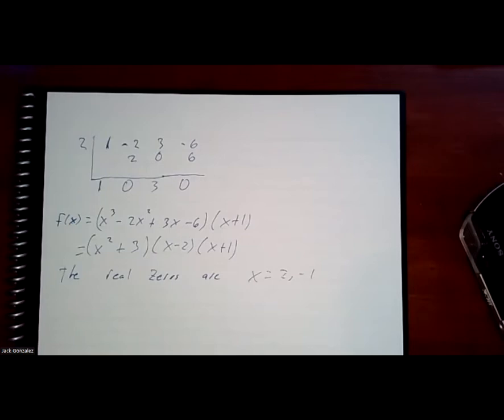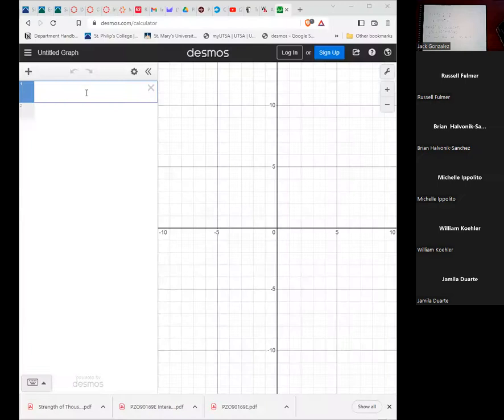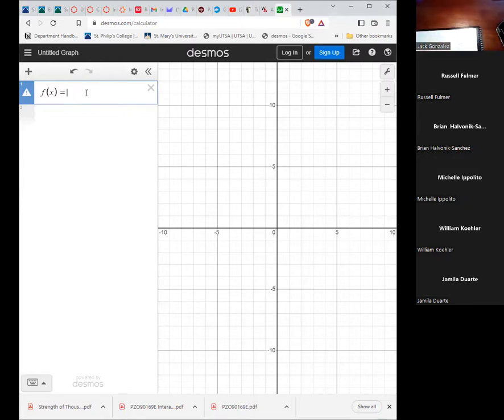Now, if you were to graph this, you would see those zeros, hopefully. So the original was something.